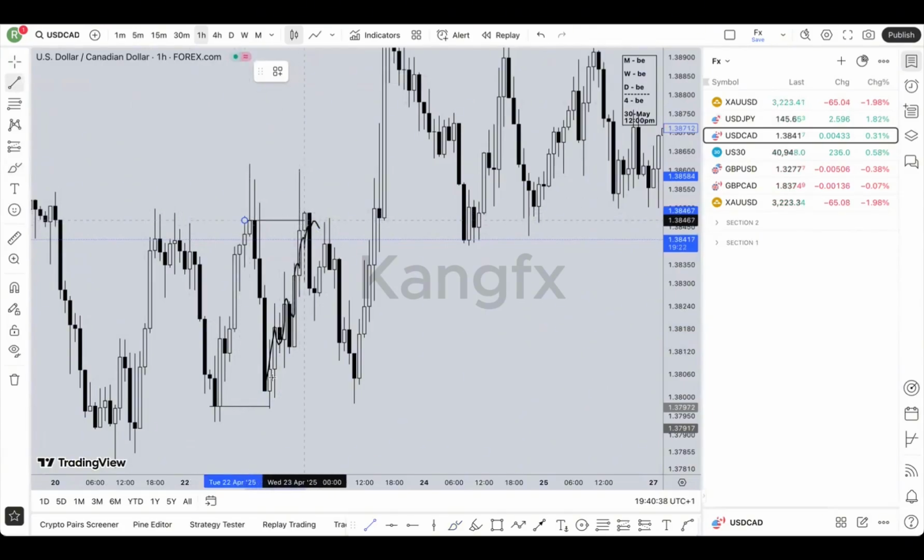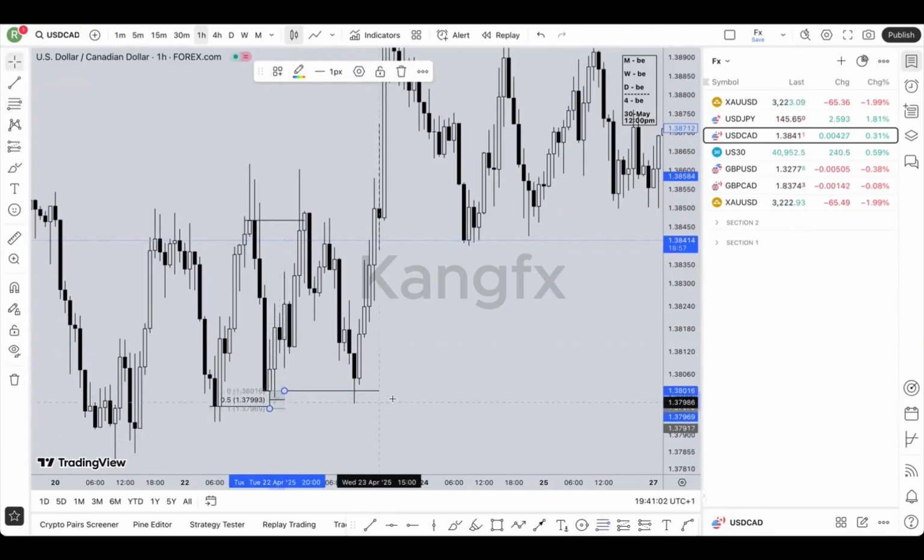All these internal structures happening here should not confuse you. Don't get confused. This is the breakout, and so this one, I will just mark here. If I mark here and take the equilibrium, like here, that's a sharp touch, then it left.